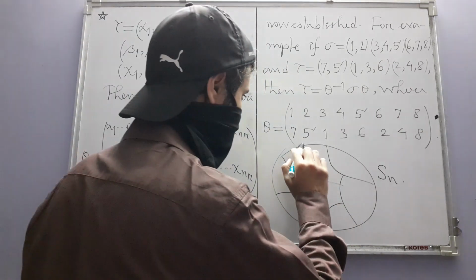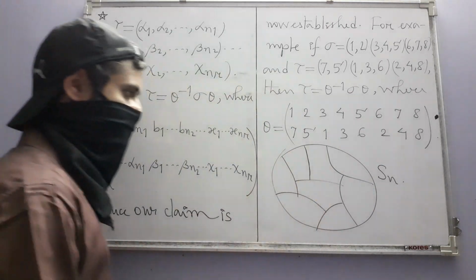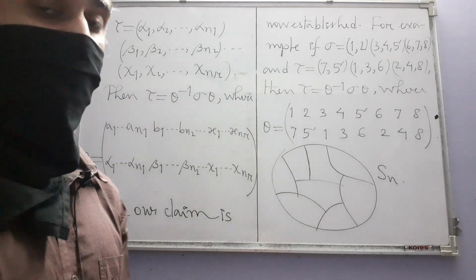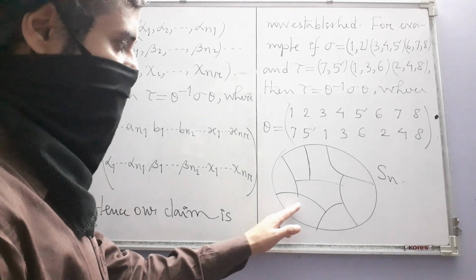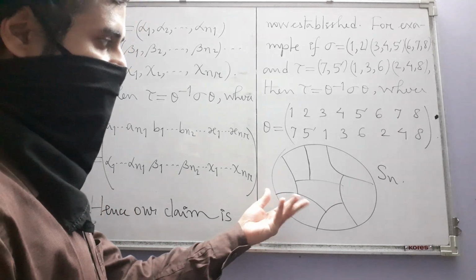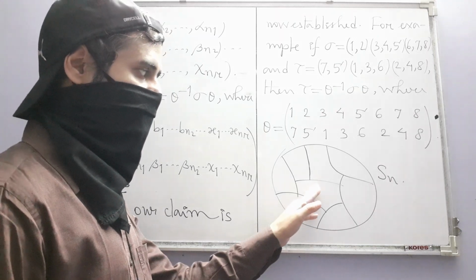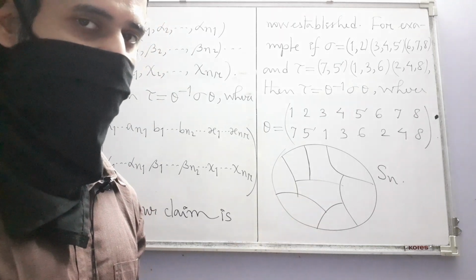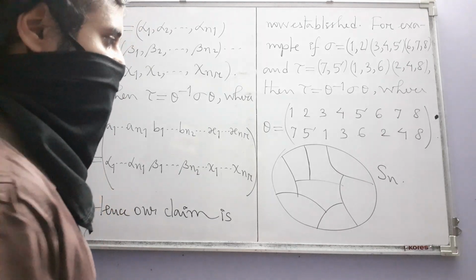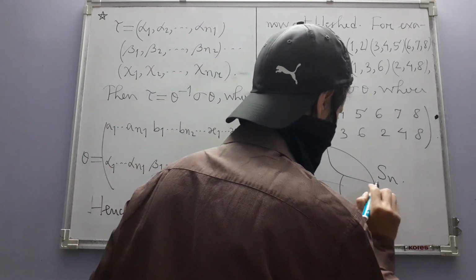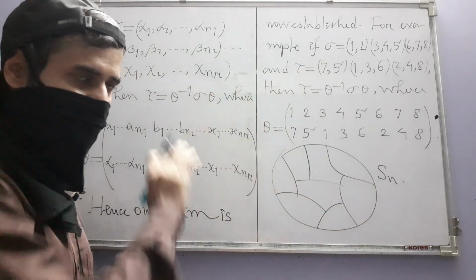So it divides Sn into disjoint compartments. Each compartment is non-empty and they are mutually disjoint. There is no common intersection and their union is Sn. So that's why they partition Sn. Well, do not confuse this partition with that partition.